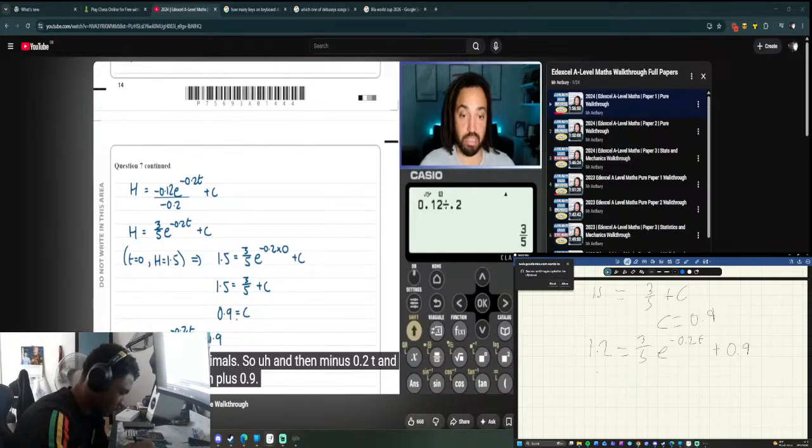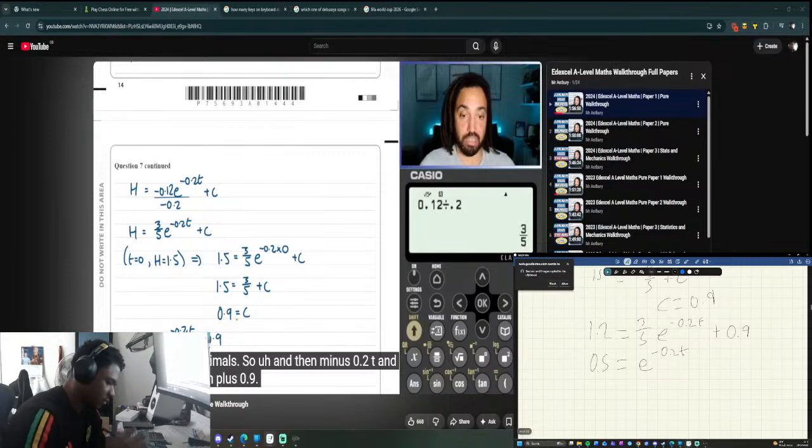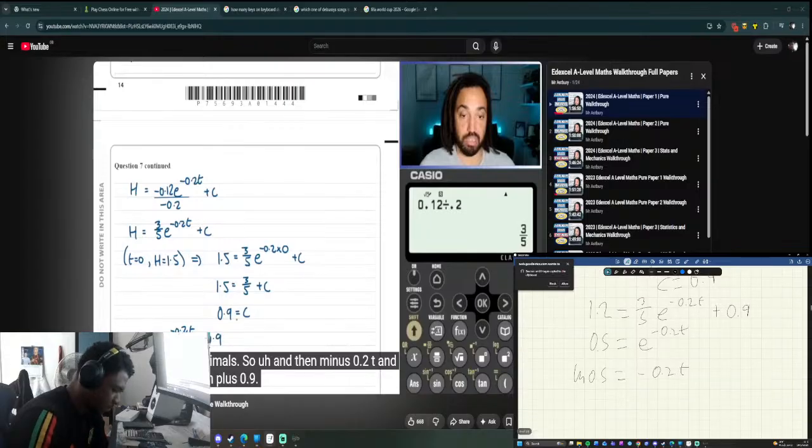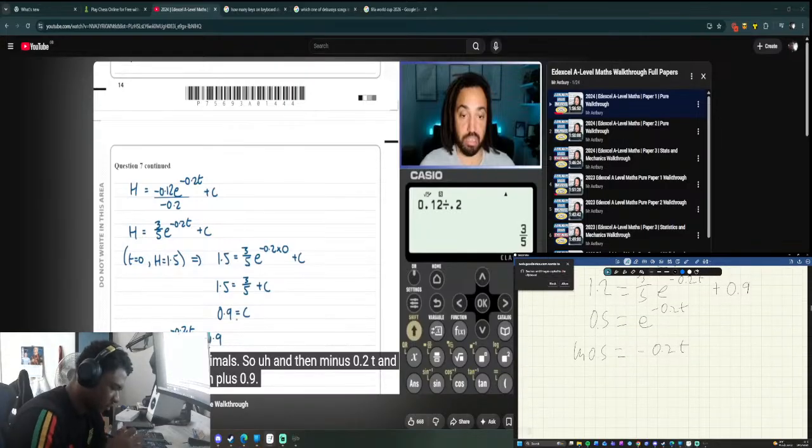So we have 0.5 equals e to the minus 0.2 t. So that means ln 0.5 equals minus 0.2 t. So ln 0.5 over minus 0.2 equals t.